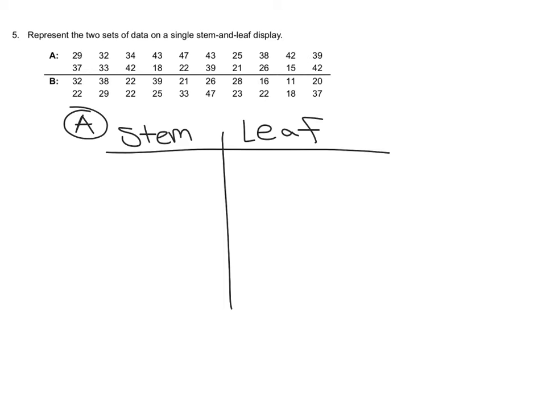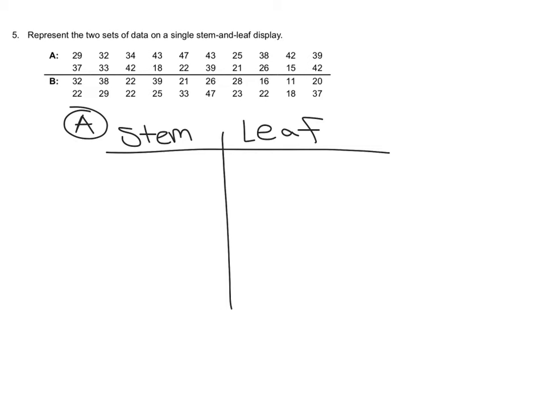First, we'll create a stem and leaf plot for data set A. The first thing we want to do is identify all of the stems. And we're going to write the different stems that we see in our chart in increasing order, or smallest to largest.